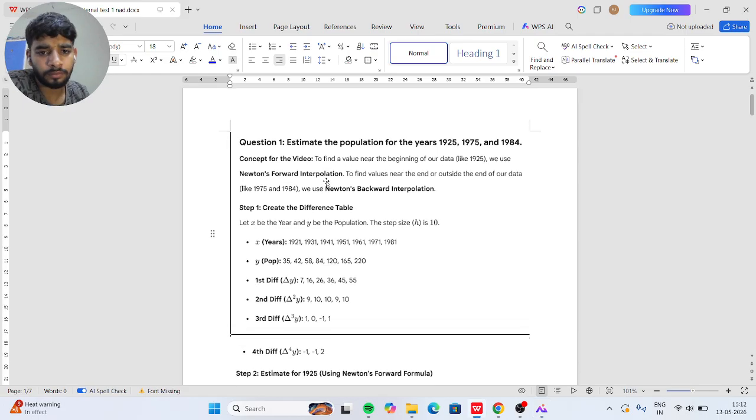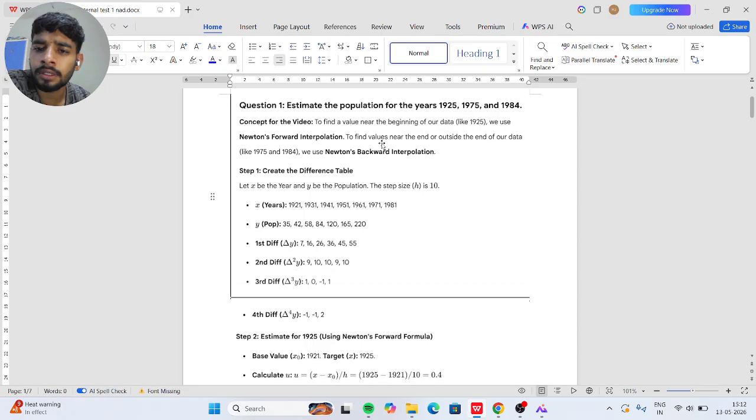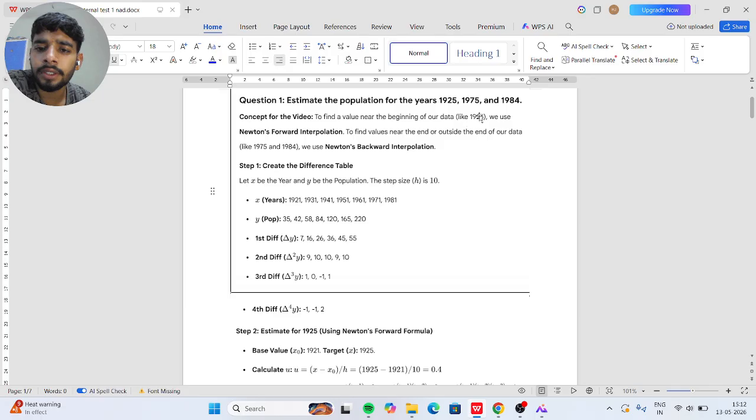First question is estimation of the population for the years 25, 75, and 84. To find a value near the beginning of our data, like 1925, we use Newton's forward interpolation.